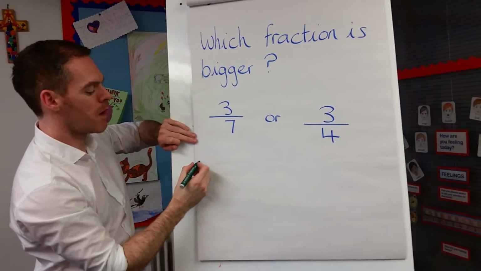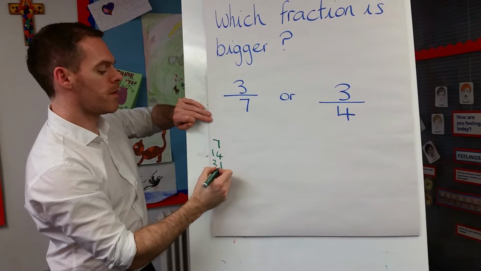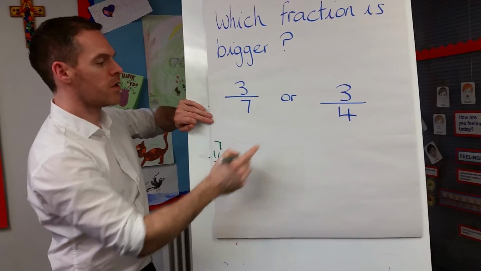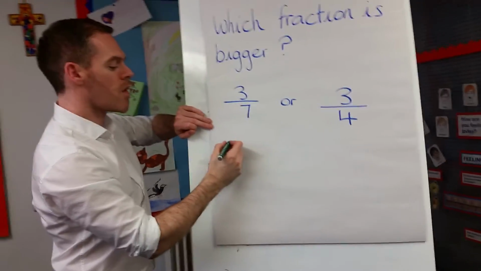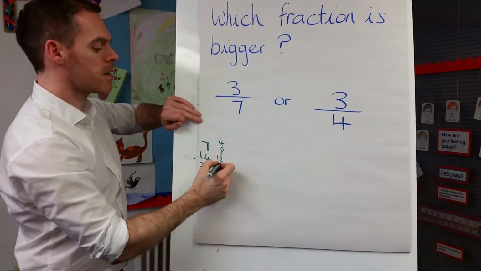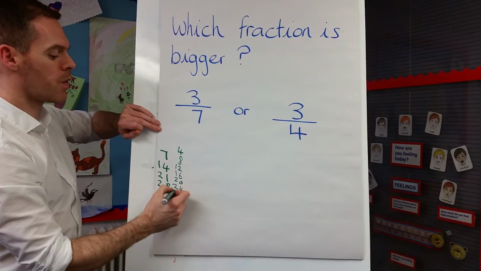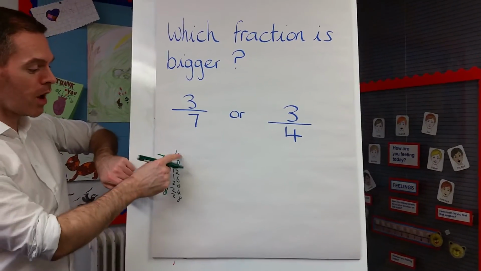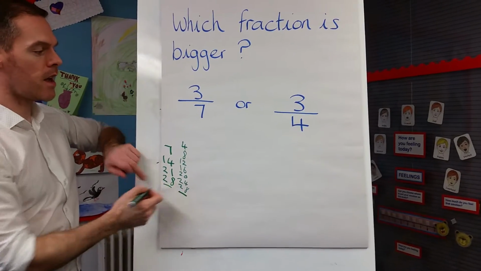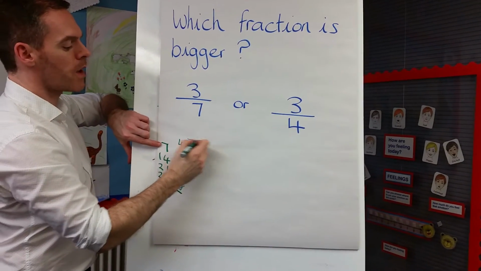If I do my 7 times table, 7, 14, 21, 28. If I do my groups of 4, 4, 8, 12, 16, 20, 24, 28. The first common multiple of 4 and 7 is 28. So my new denominator for each of these fractions is going to be 28.